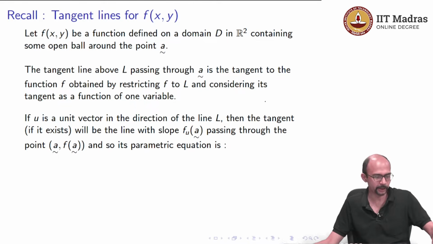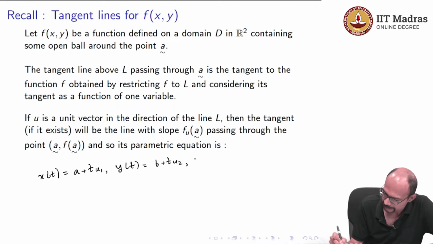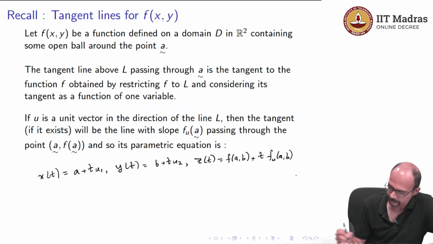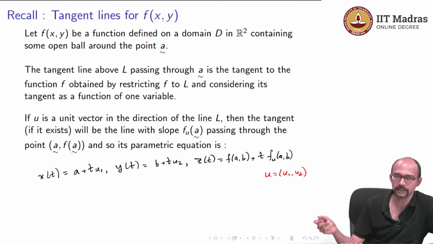Its parametric equation is given by x(t) is a plus t times u1, y(t) is b plus t times u2, and z(t) is f of (a, b) plus t times f_u of (a, b). So, u is (u1, u2), the unit vector in the direction of the line L.